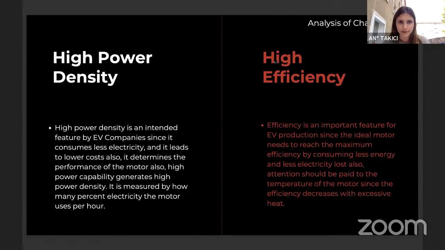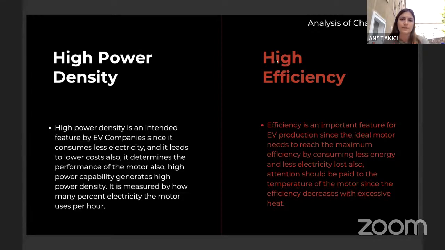Analysis of characteristics. High power density. In this study, when we choose an ideal electric motor, we give importance to these characteristics. One of them is high power density. It is measured by how much electricity the motor uses per hour, and high efficiency.